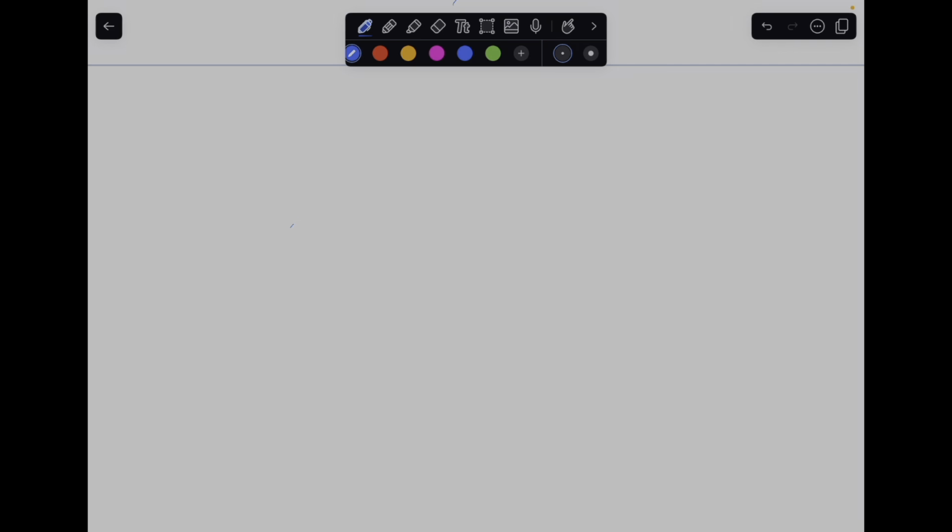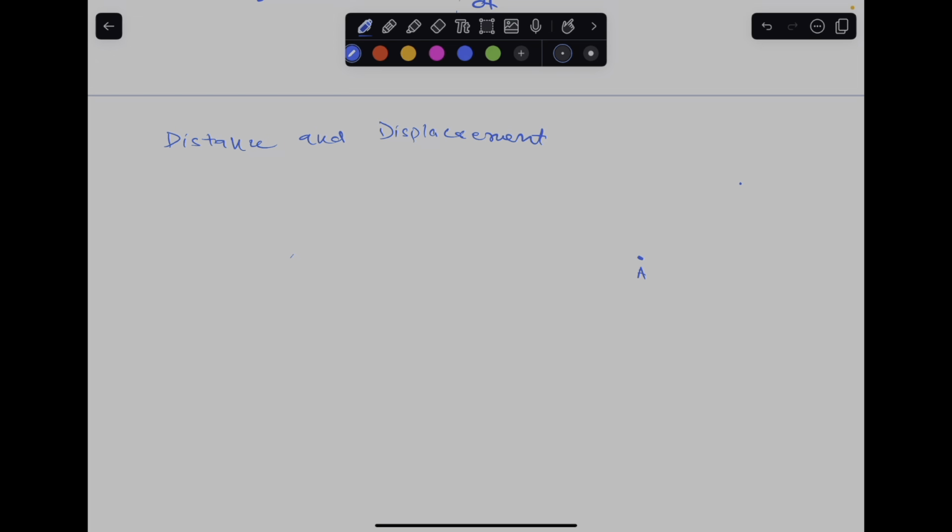Okay, now we're going to discuss what is the difference between distance and displacement. For example, if we wanted to go from point A to point B, we can go in a straight line meeting at point B, or we can take a path.